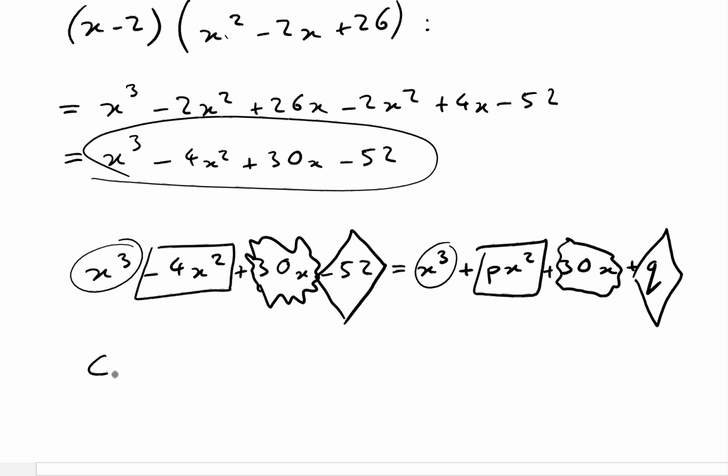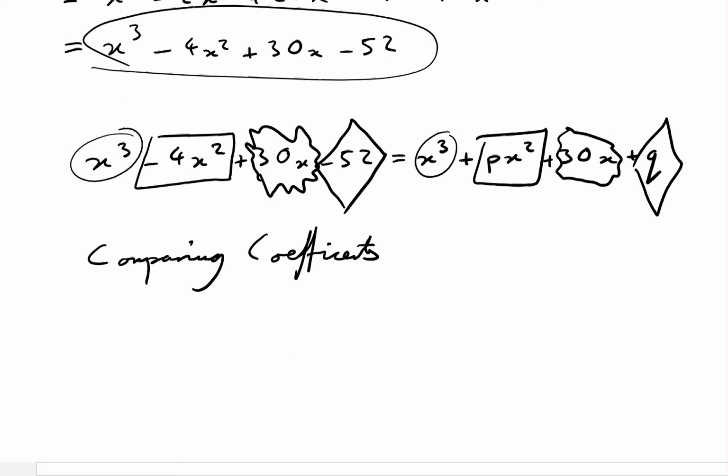I should write down comparing coefficients. Okay, so the number in front of the x squared. On the left hand side we've got minus 4, and on the right hand side we've got p. I'll do it for x cubed as well, just so you can see what's going on. For our x cubed we've got 1 on the left hand side, and 1 on the right.